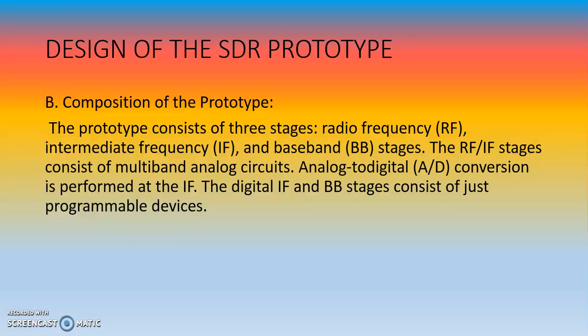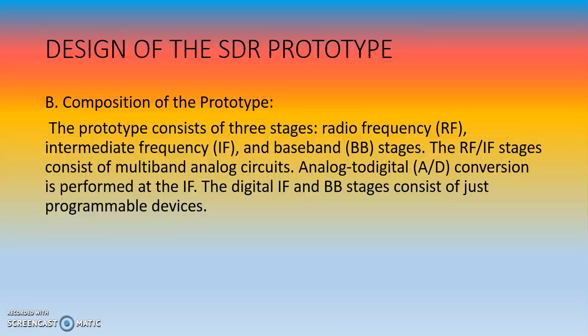Next is the composition of the prototype. This prototype consists of 3 stages: radio frequency (RF), intermediate frequency (IF), and baseband stages, which we previously discussed in the circuit block diagram. The RF-IF stages consist of multiple analog circuits. Analog to digital conversion is performed at the IF.